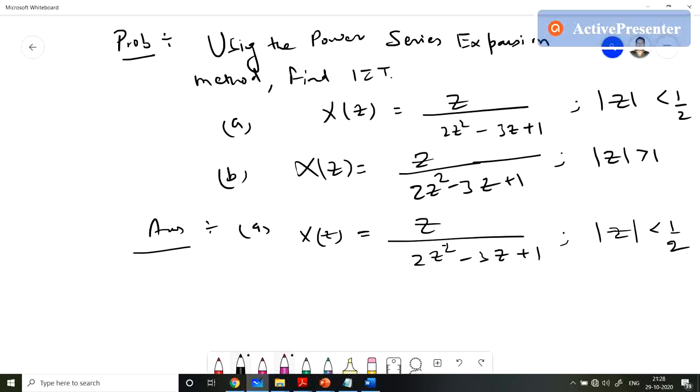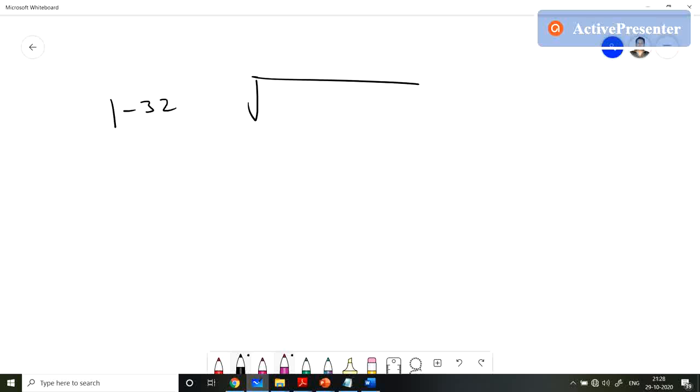By using the long division method we can easily find the inverse Z transform. Since it is a non-causal signal, we write it in reverse order: 1 minus 3z plus 2z square, and inside we have z.